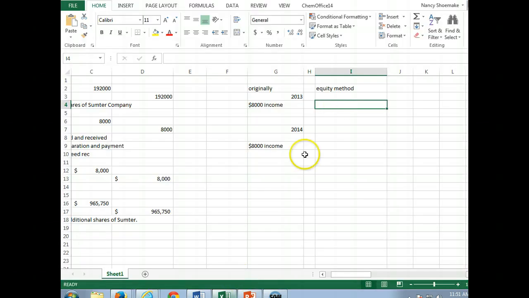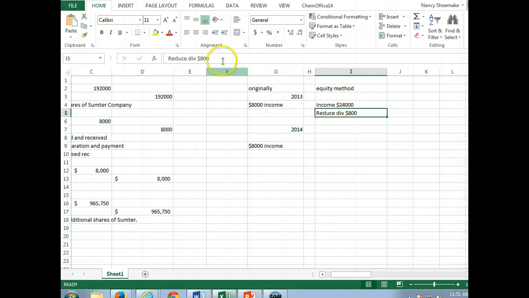So we would have to do income share of $24,000, and then we would also reduce our dividends by 8.